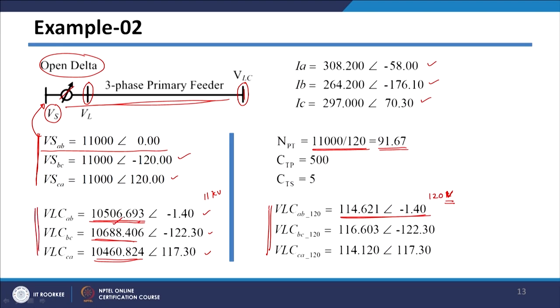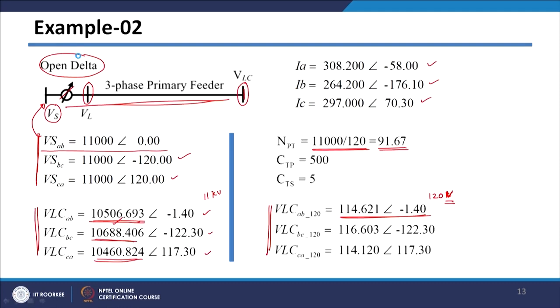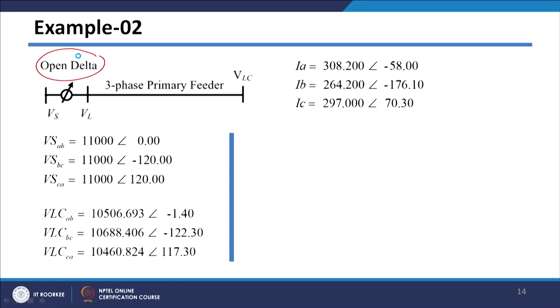Now let us calculate equivalent impedances. Since I am considering open delta here, to calculate equivalent AB and CB, because if you see these delta connected regulators, they will be something like this.